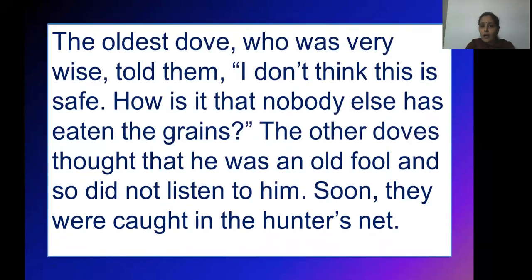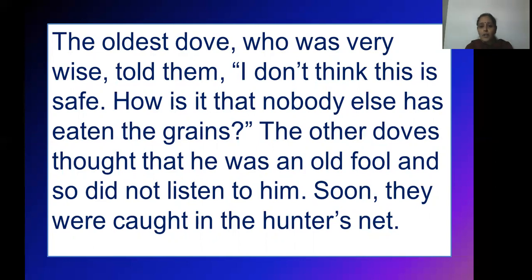The oldest dove, who was very wise, told them, "I don't think this is safe. How is it that nobody else has eaten the grains?" Now, the oldest dove, the one who is the oldest in that group and who was very wise, told them, so it's a dialogue, so I have put it in quotes, inverted commas.